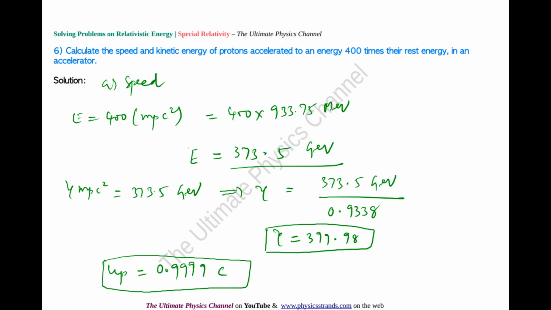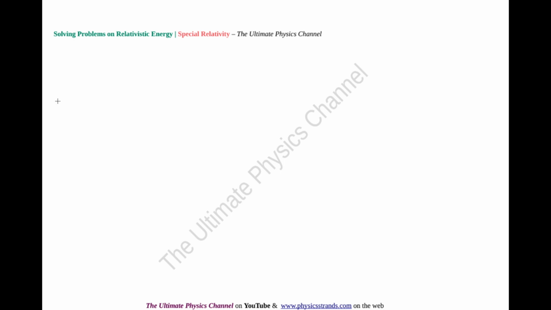From here, we can calculate the kinetic energy. Kinetic energy is total energy minus the rest mass energy. The total energy we have calculated to be 373.5 GeV.